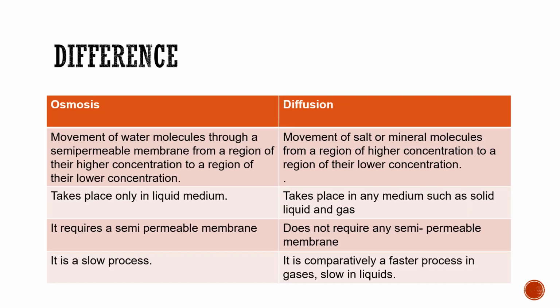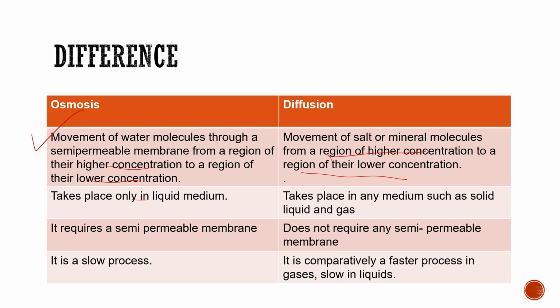Now here I have given you the difference between diffusion and osmosis. It is very important, just go through this. The movement of water molecules through a semi-permeable membrane from a region of higher concentration to a lower concentration is osmosis. Diffusion is also from a region of higher concentration to a lower concentration, but it is not through a semi-permeable membrane. Just remember that one.